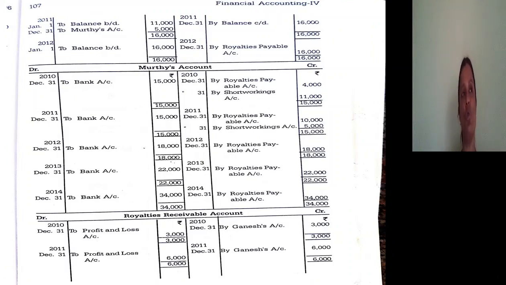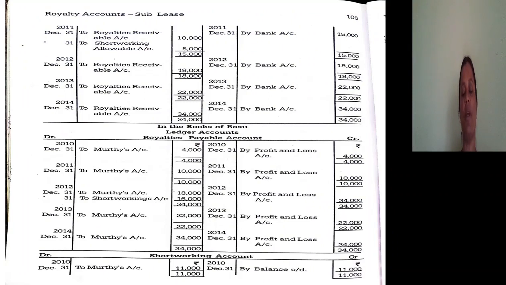Next year also the same situation. Due entry should be started from the lessor account: journal entry royalty payable account debtor, short working account debtor to lessor, that is Murthy's account, 10,000 and 5,000 respectively. Royalty payable account debtor to Murthy's account 10,000 should be closed by transferring it to profit and loss account.